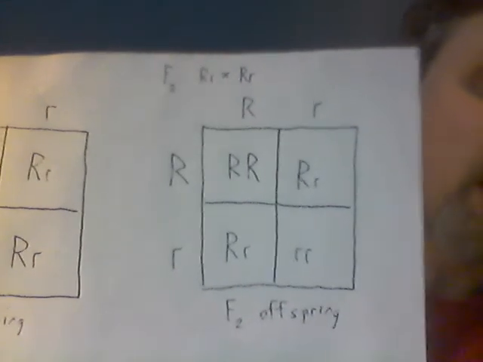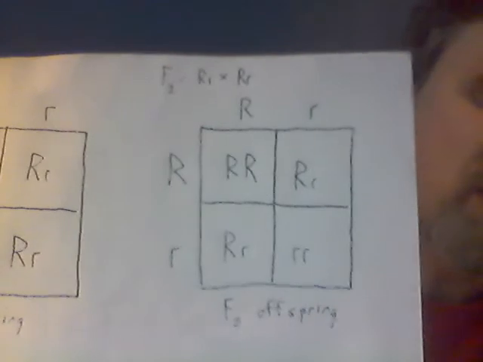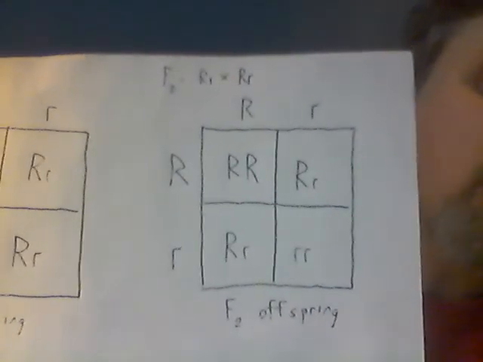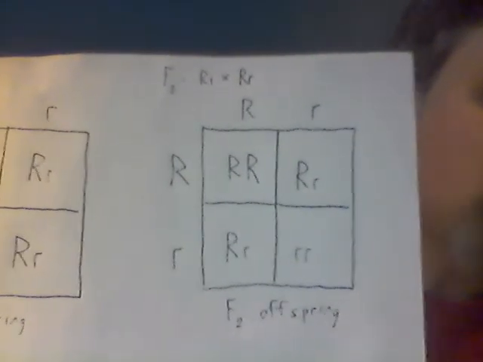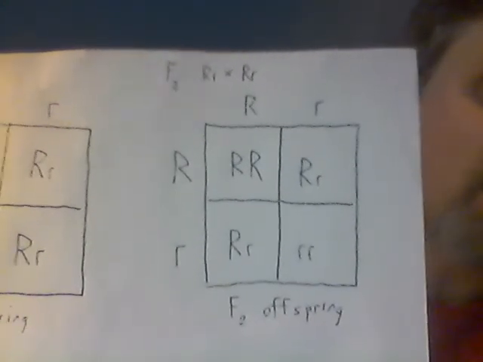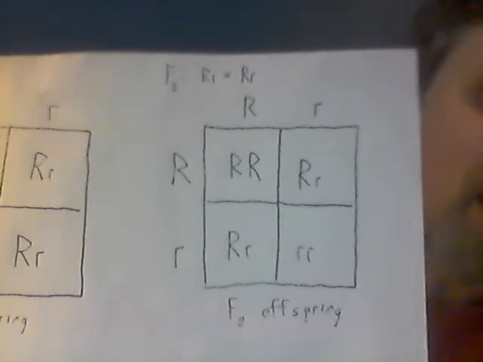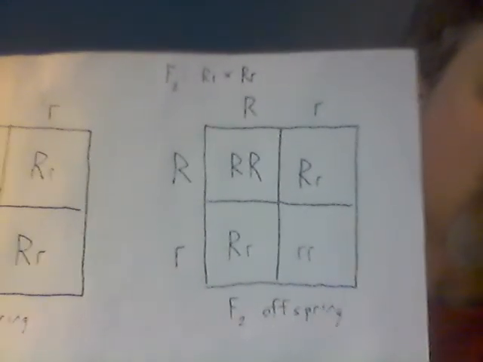So even though the homozygous dominant and the heterozygous purple plants may look the same, genetically they are not the same, because the homozygous dominant one cannot have a white offspring. It will always pass a dominant purple gene to its offspring. Therefore, every single offspring it produces is going to be purple, regardless of the genotype of the other parent.